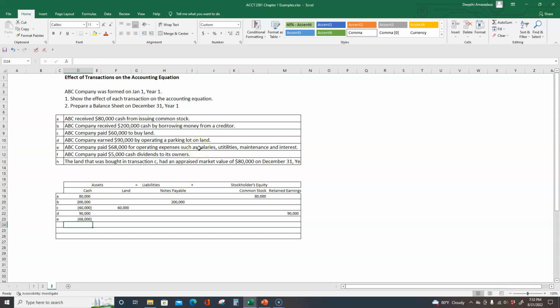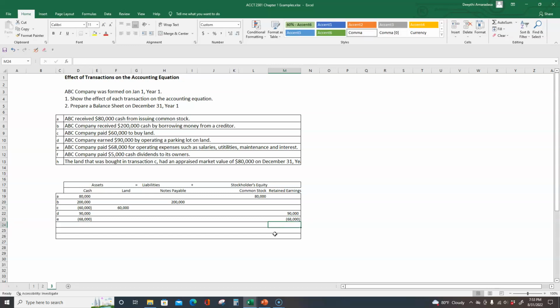Examples of expenses are salaries, utilities, maintenance. How do expenses affect the accounting equation? Expenses have the effect of decreasing retained earnings. So if our expenses increased, it causes retained earnings to decrease. If it causes retained earnings to decrease, I'm going to put the 68,000 as a negative number here.